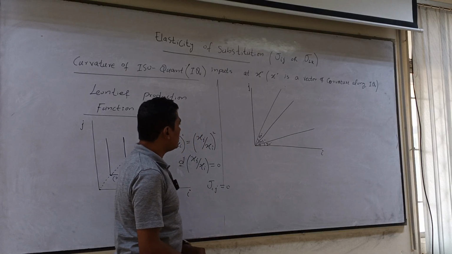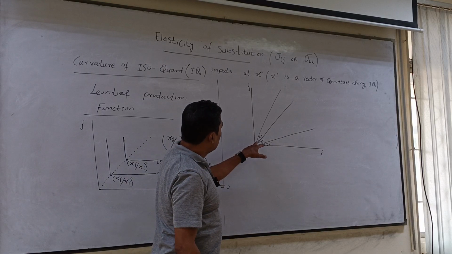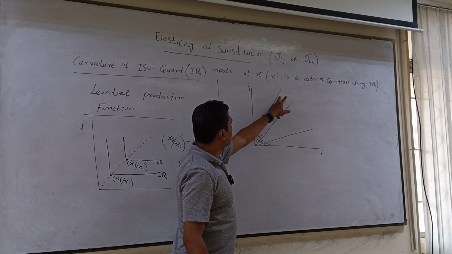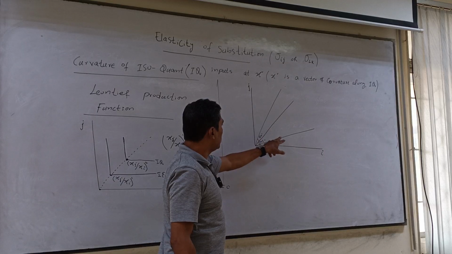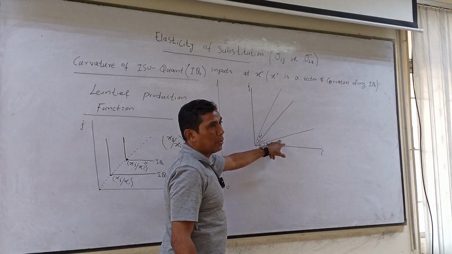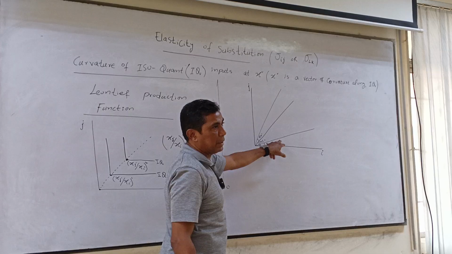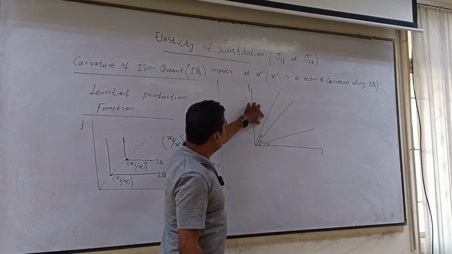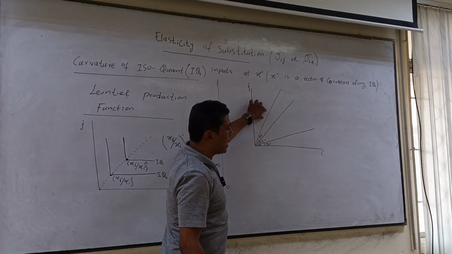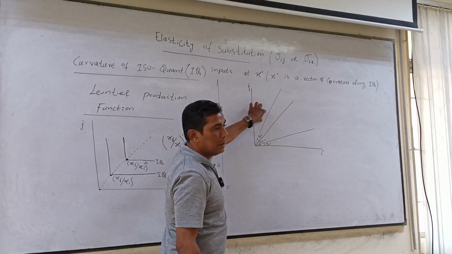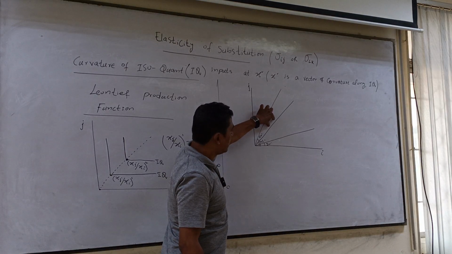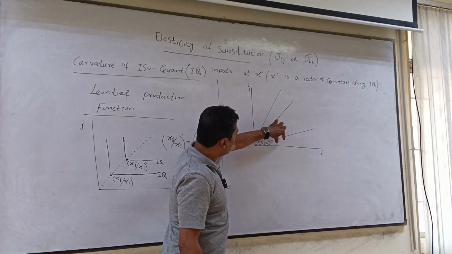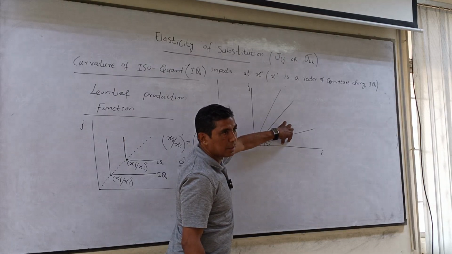What happened? The labor capital ratio is kept constant, but the proportionate change in labor and capital is different. Why? You employ more capital as compared to labor. Similarly, same labor and capital you employ in this case. Now you employ more capital here.